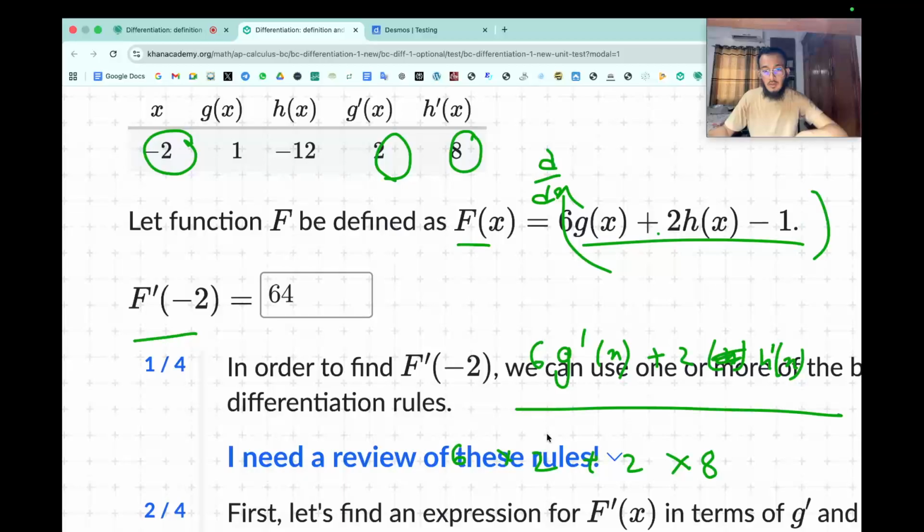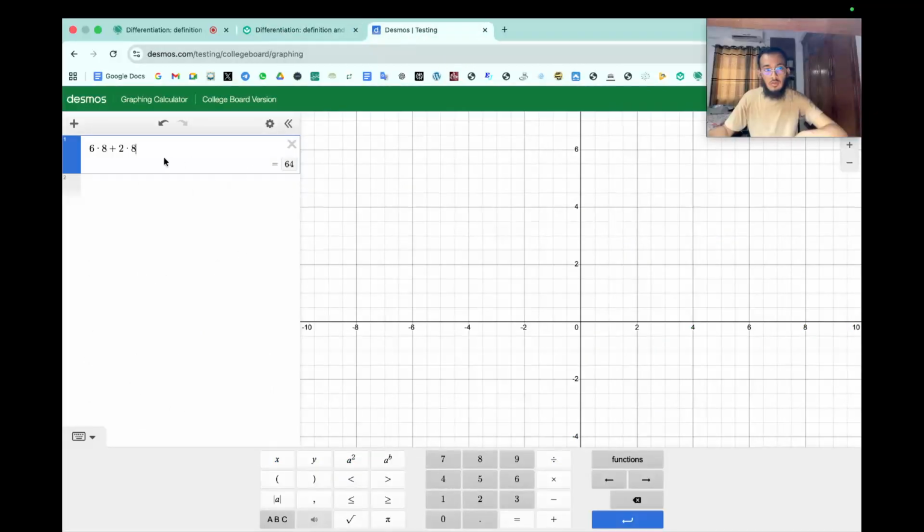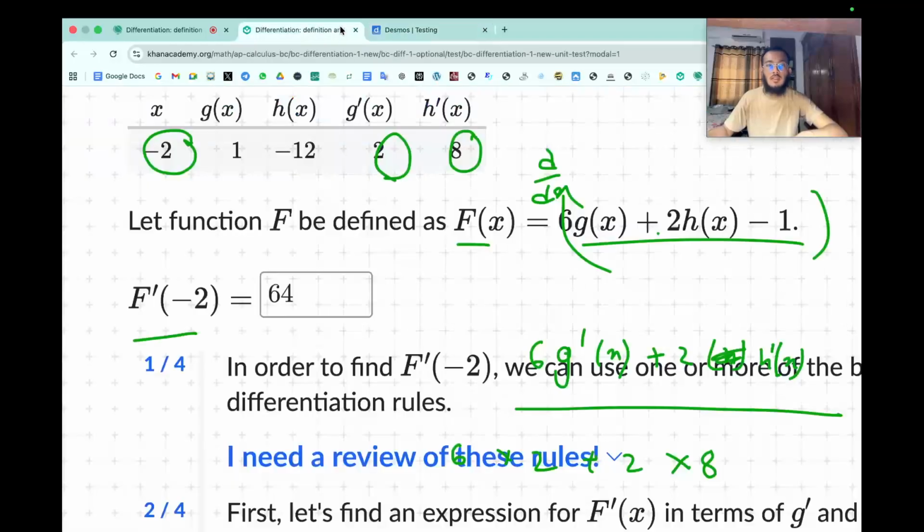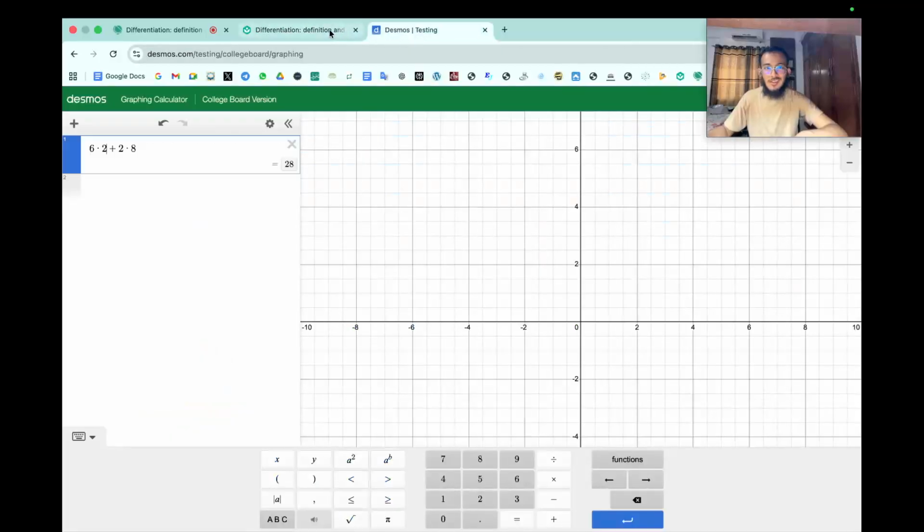Six times 2. Oh no, 28. Everything is the same. You know, it was 6 times 2, I just plugged in 6 times 8. So it's a typing mistake. 28.